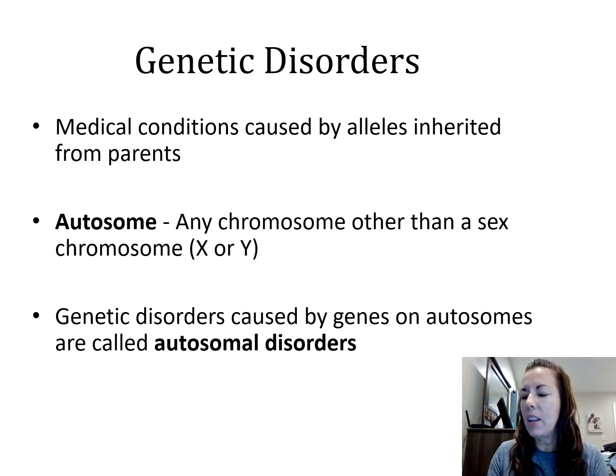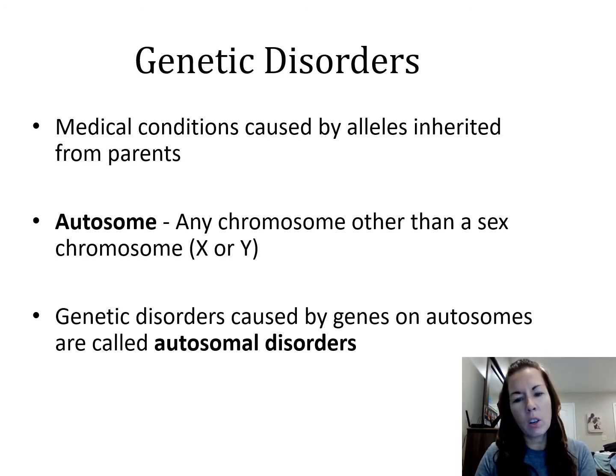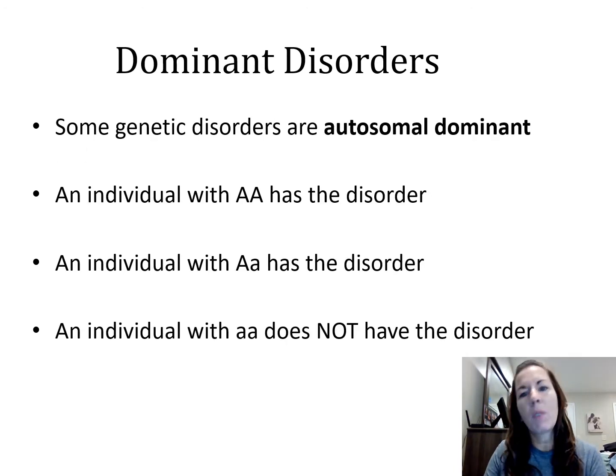An autosome is basically any of those chromosomes, number 1 through 22, that you can see on a karyotype, and then you have the X and the Y, or the XX. Genetic disorders that happen on autosomes are called autosomal disorders. Some of those disorders are dominant, some of those are recessive.